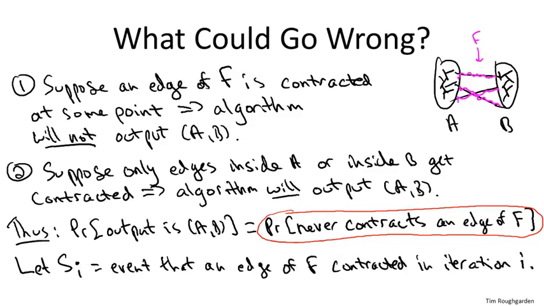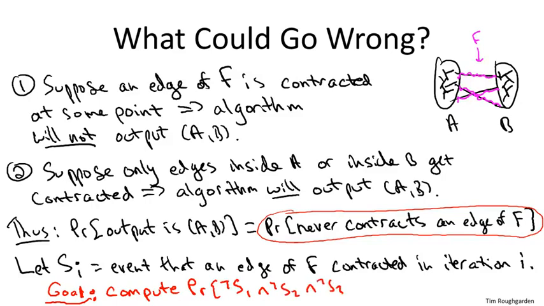I'm going to use this not symbol to say that S_1 does not happen. So we don't screw up in iteration 1, we don't screw up in iteration 2, we don't screw up in iteration 3, and so on, all the way up to we don't contract anything from capital F in the final iteration either. So summarizing, analyzing the success probability of the contraction algorithm boils down to analyzing the probability of this event, the intersection of all of the not S_i's with i ranging from iteration 1 to iteration n-2.